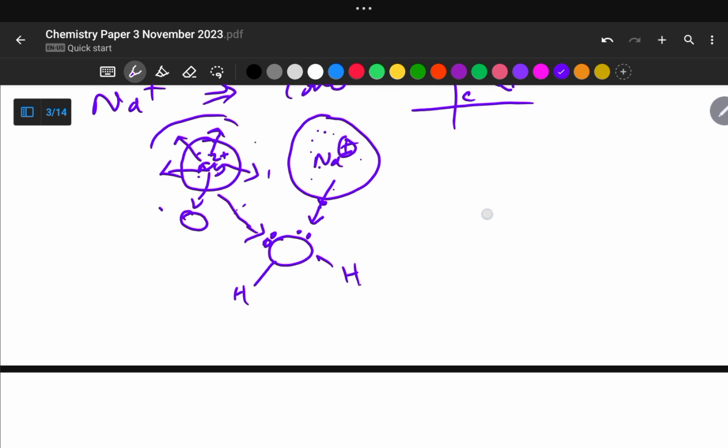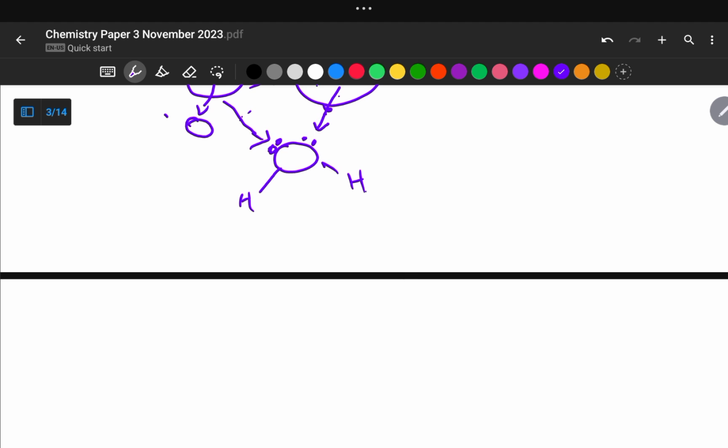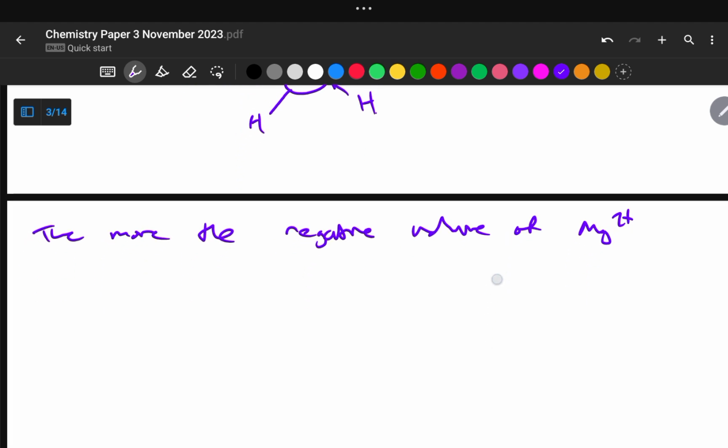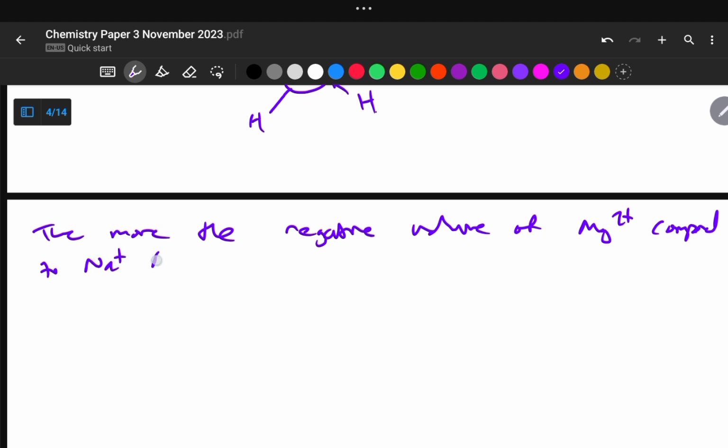So we can explain our answer saying that the more negative value of magnesium ion compared to that of sodium is due to the high charge density, right?